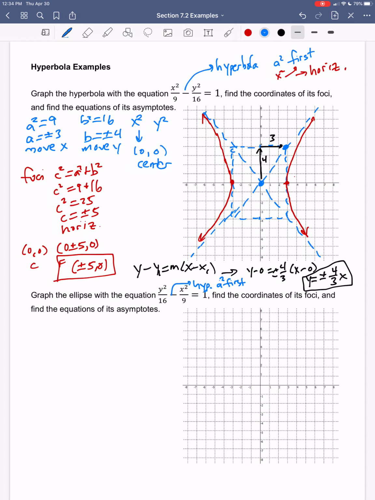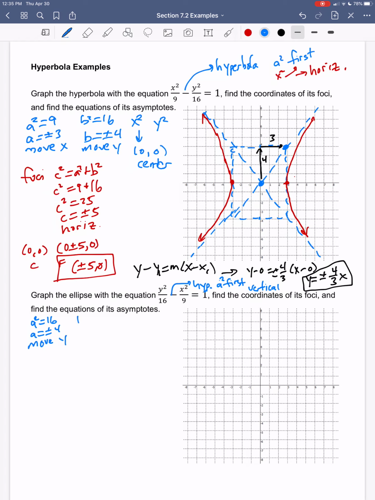What that also is going to mean here then, my y is first, so it's going to be vertical. So a squared is 16. That means a is plus or minus 4. And that's under the y, so that's how far I'm going to move in the y direction.